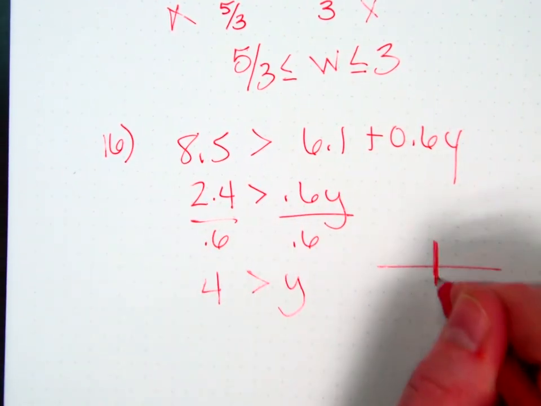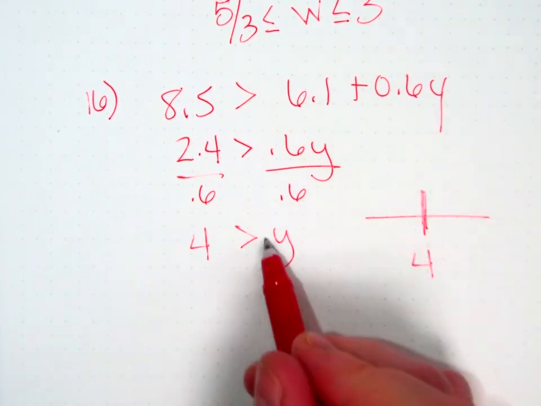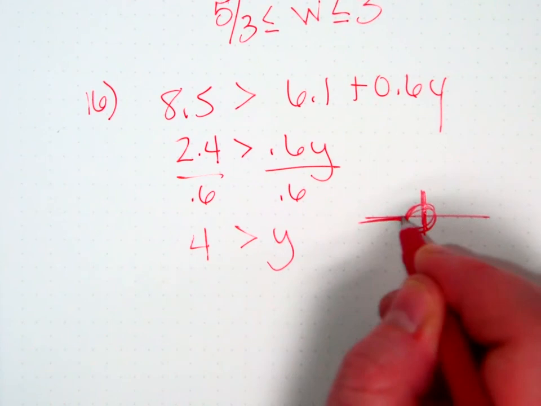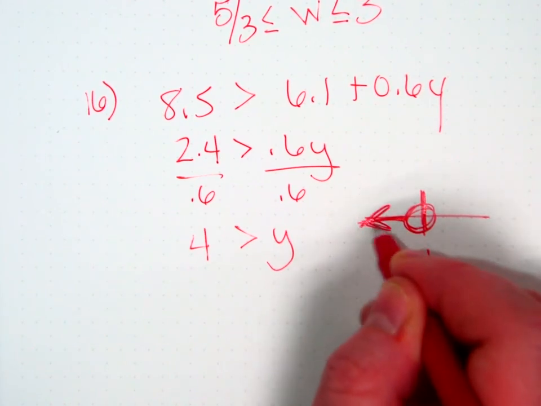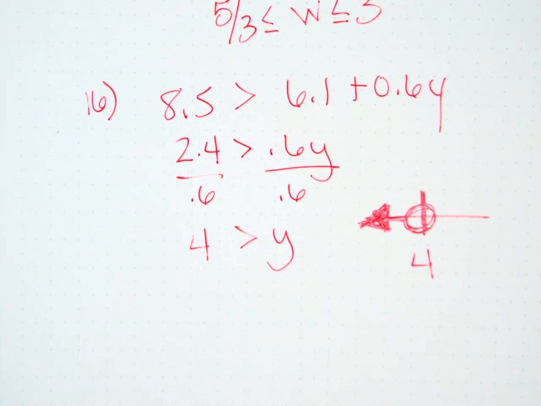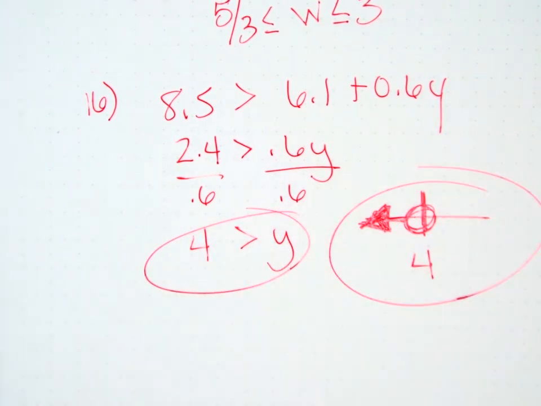It's greater than y. So if I come here to my numbers, 4, want all the numbers less than 4, there you go. So this and this are your answers. There's no absolute value. So correct, you don't have to.